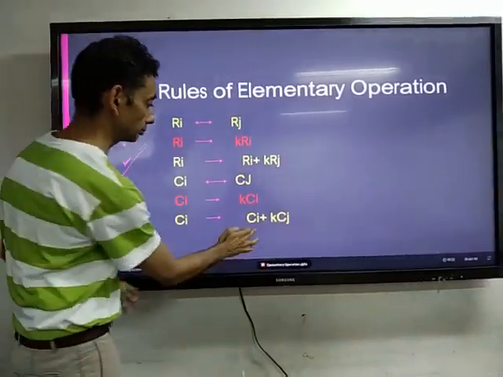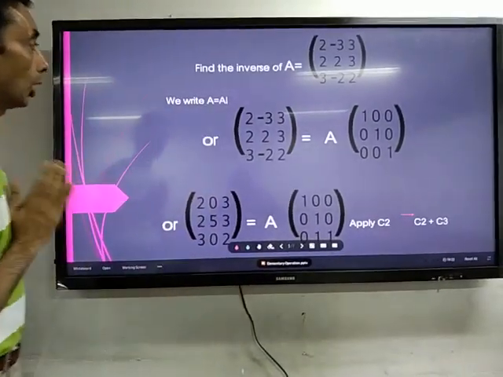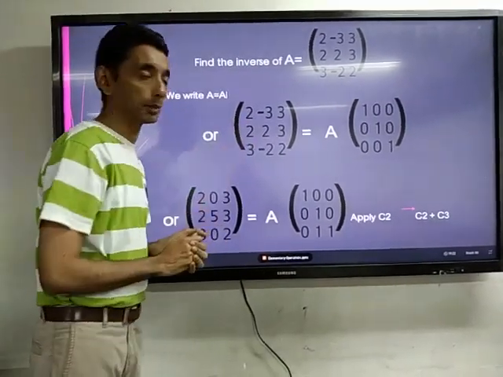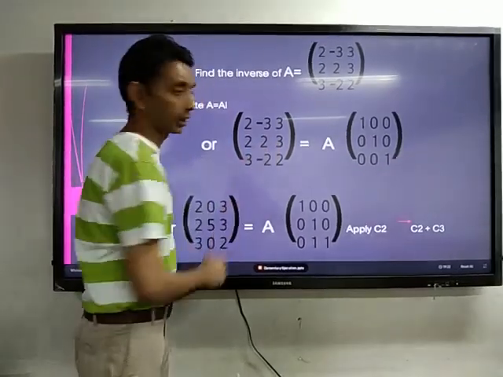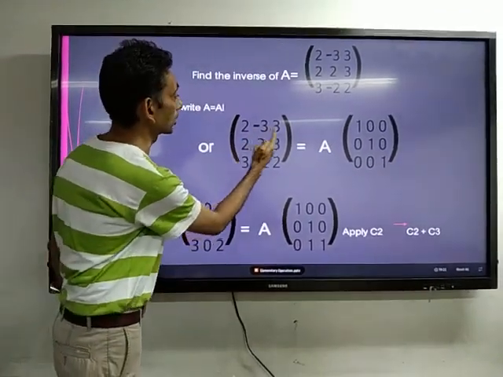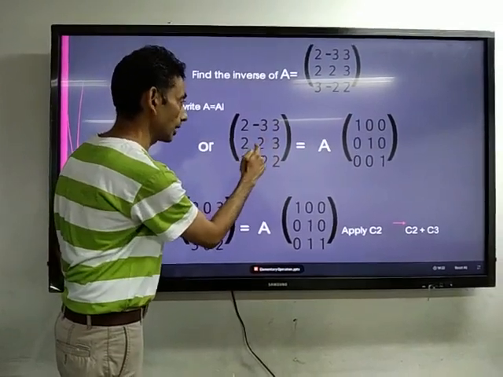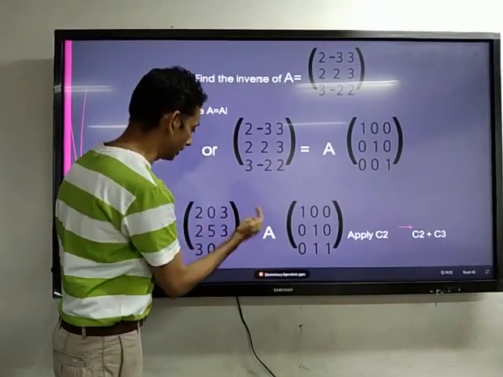So how can you do that? One important and very basic rule comes to my mind: if you compare column 2 and column 3, and you add column 2 with column 3, what do you get? -3 and 3 gives 0, 2 plus 3 is 5, and -2 and 2 gives 0.